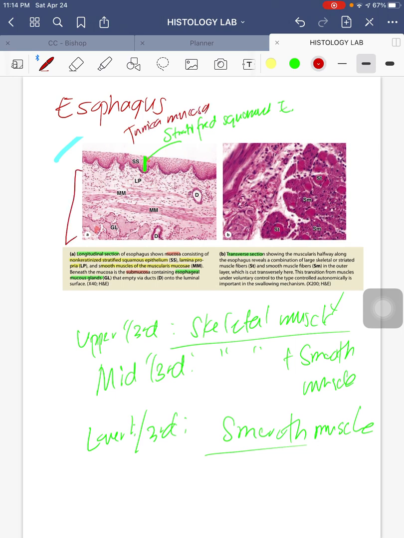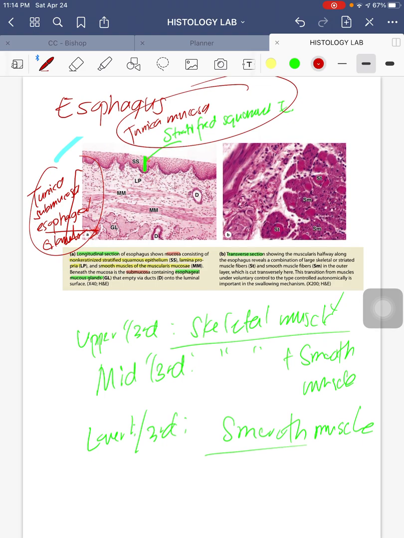This area here is your tunica submucosa, and it has your esophageal glands that help lubricate or protect the mucosa. So that's something you should take note of.